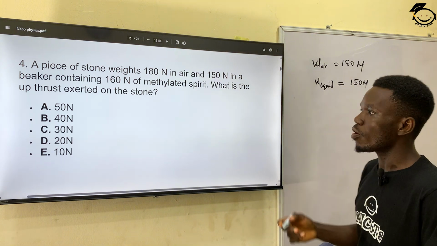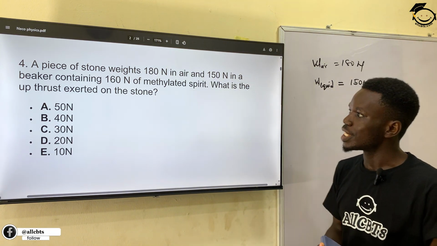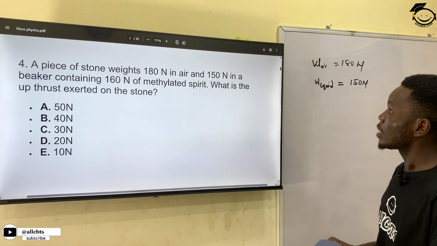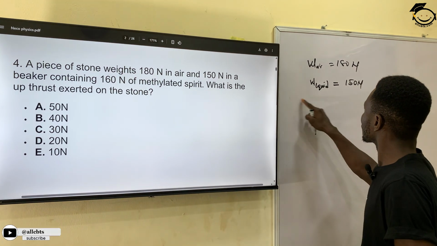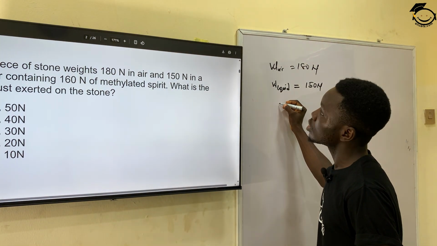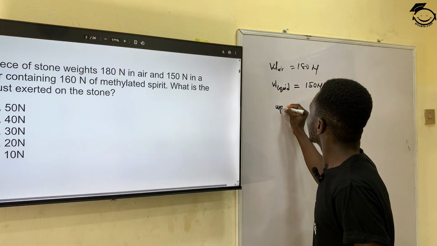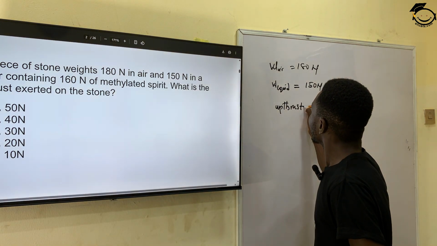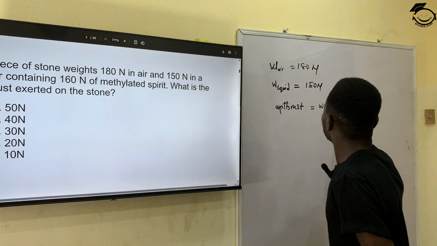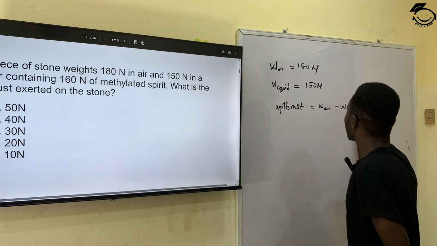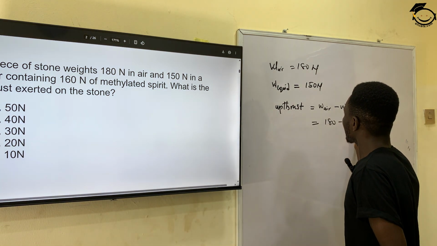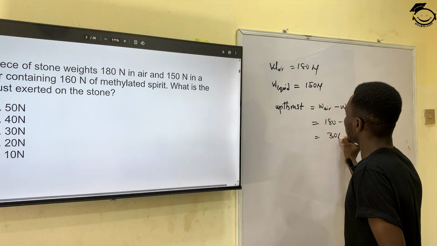So the mass of the liquid does not really count in this case. We're asked to find the upthrust. To find the upthrust, all we have to do is say that the upthrust is simply weight in air minus weight in liquid. That will give me 180 minus 150, and that will give me 30 Newton.